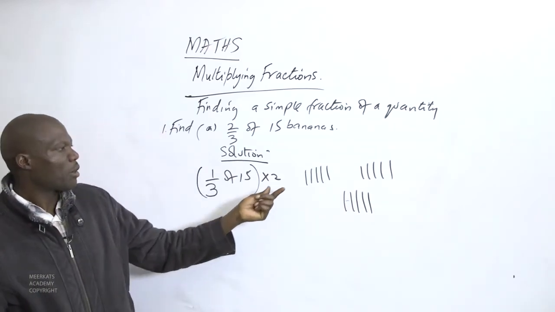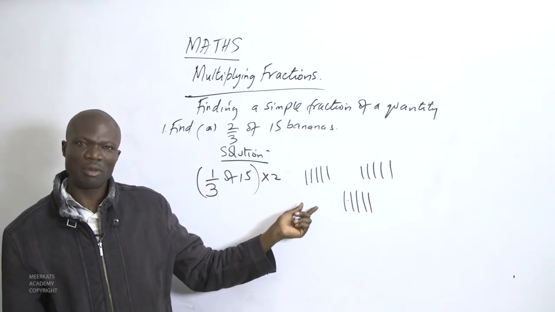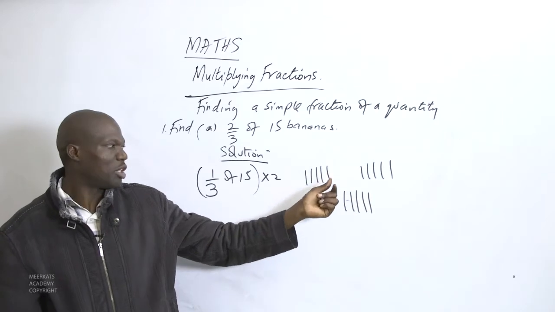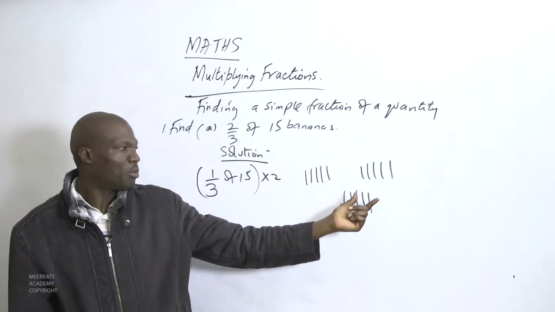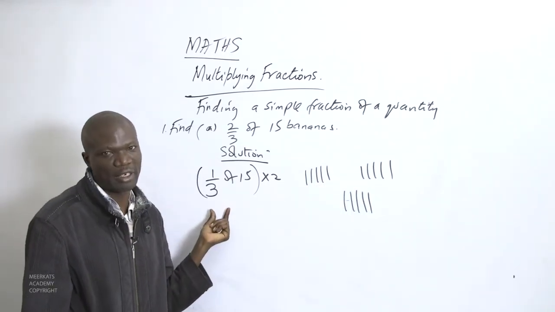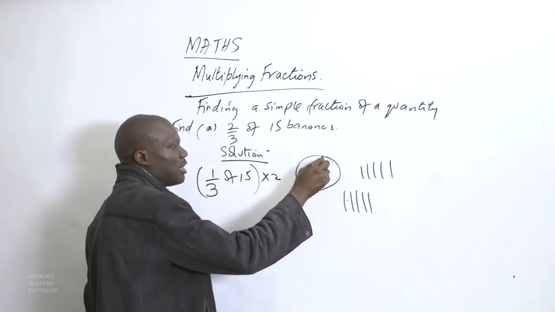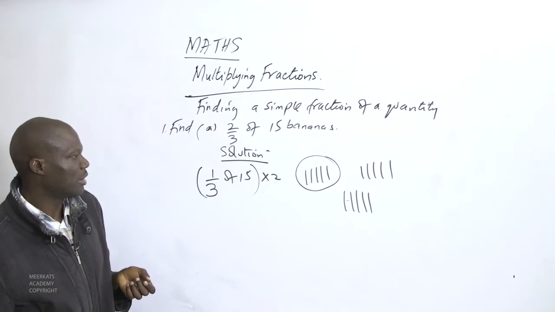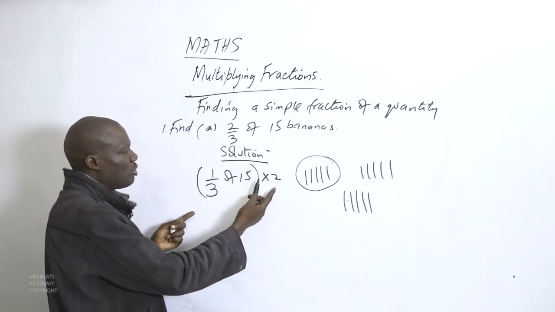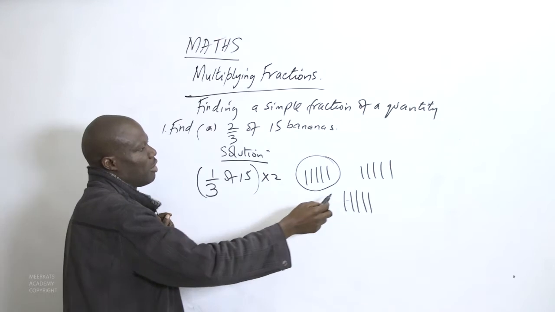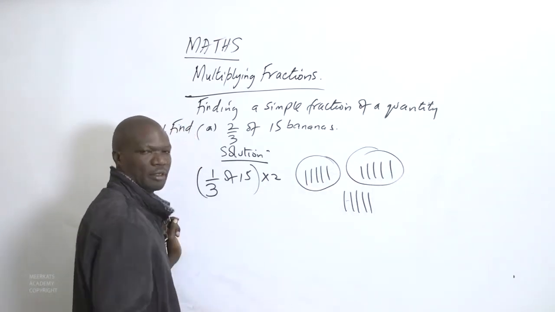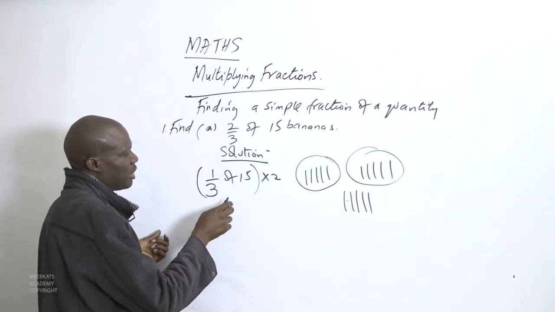You realize that the groups of 5 make a total of 15, but each group of 5 makes a third. So a third of 15 is this one stack. If we are to look for 2 of the 15, we shall look for the second stack.